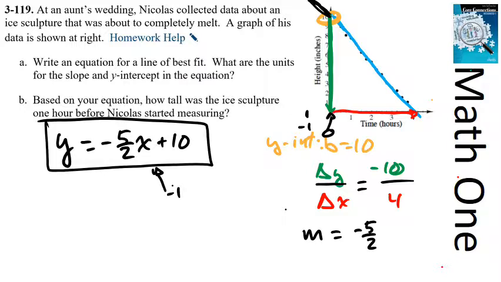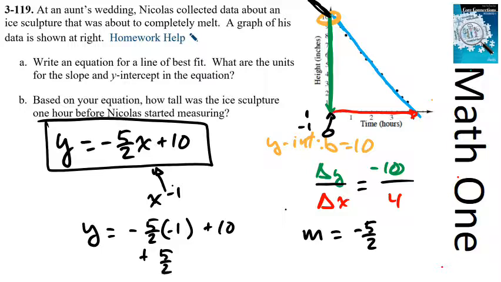If x is -1, then y would be -5 halves times -1, plus 10, which would make this +5 halves, which is 2.5. So this looks like about 12.5 inches. Probably 1 hour before he started measuring, the sculpture was perhaps 12.5 inches tall.